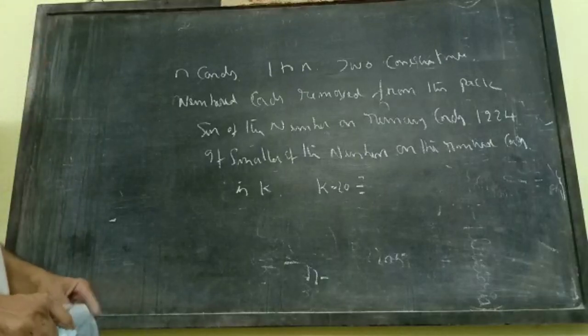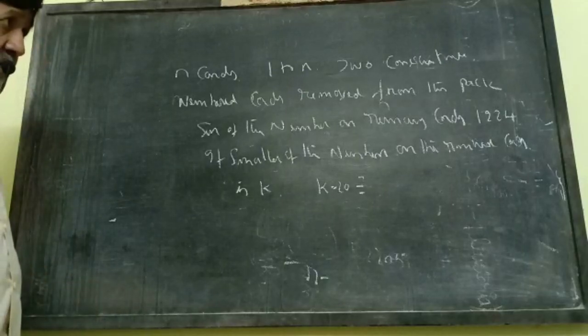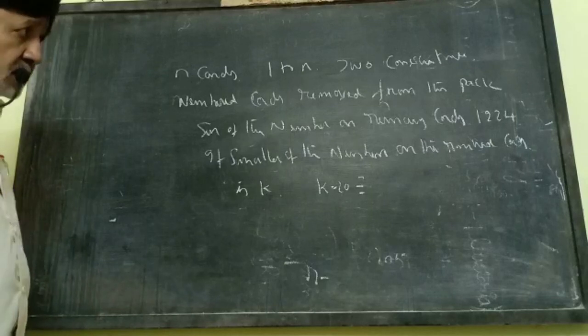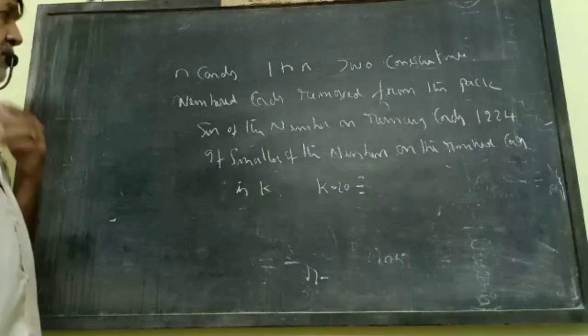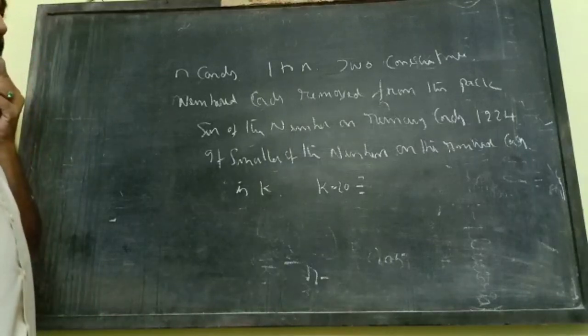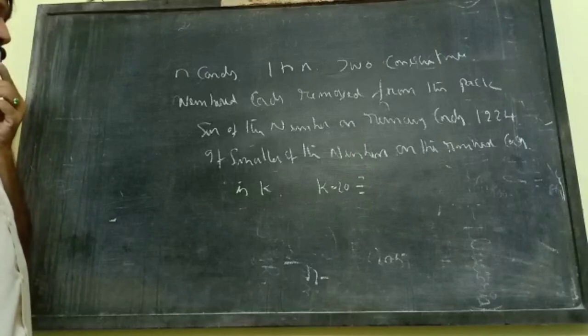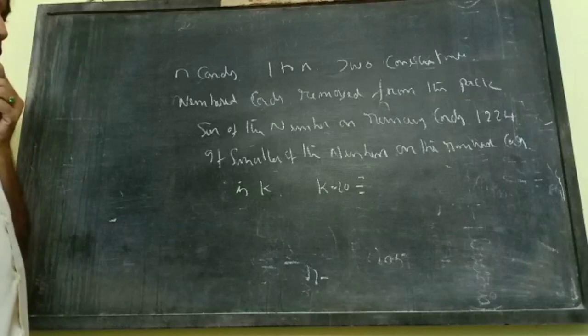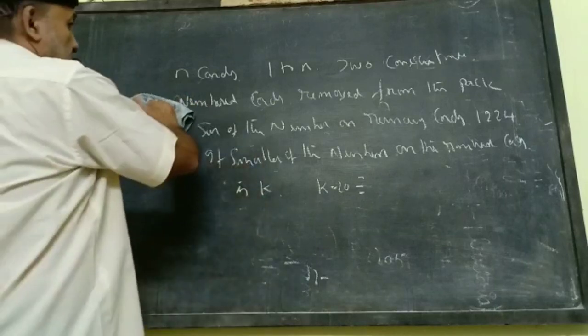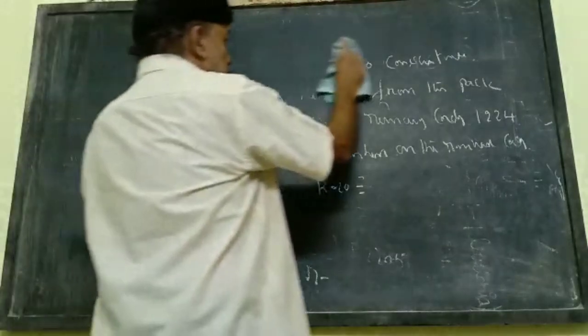See, there are n cards numbered 1 to n. Two consecutive numbered cards are removed from the pack. The sum of the numbers of the remaining cards is 1224. The smaller of the numbers of the removed cards is k. Then what is k minus 20? This is the question.